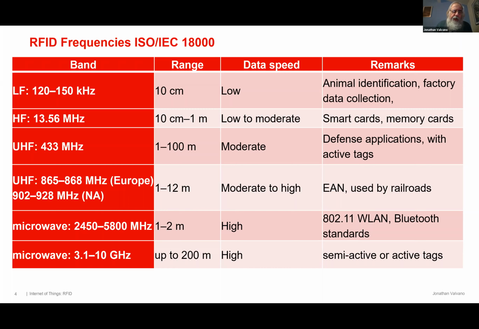But as you can see, there are lots of protocols out there with lots of frequencies, and they have fairly low bandwidth. This is a fairly low bandwidth type of communication.